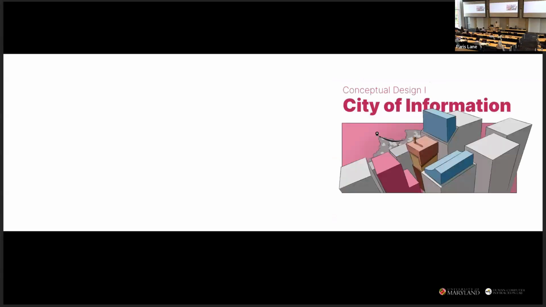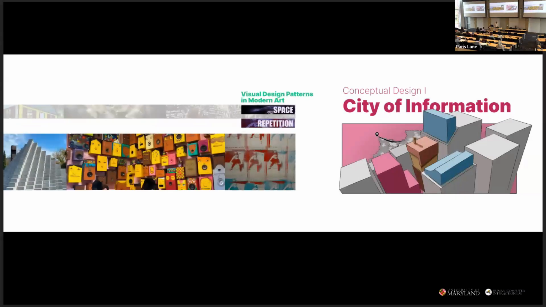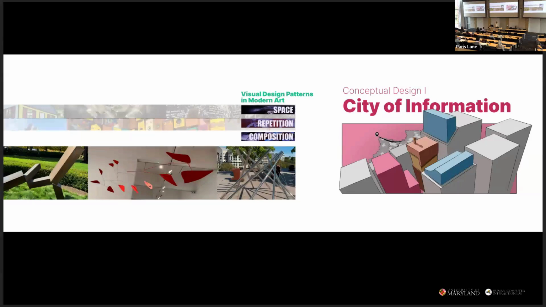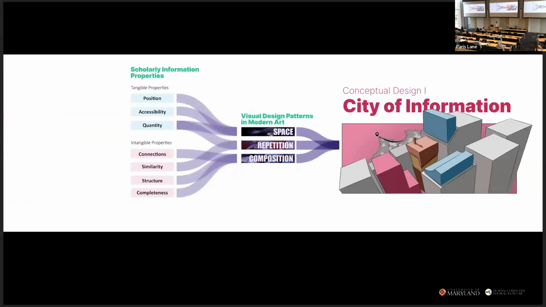City of Information. This design draws inspirations from visual design patterns such as space, repetition, and compositions to represent intangible properties like connections, similarities, structures, and completeness.